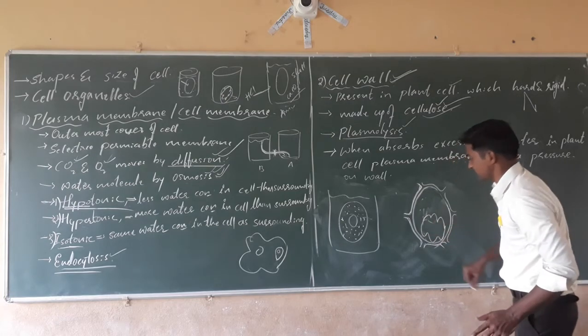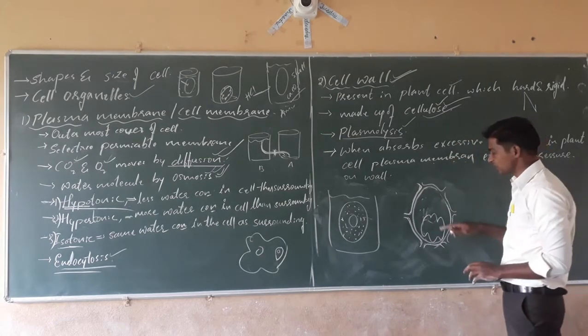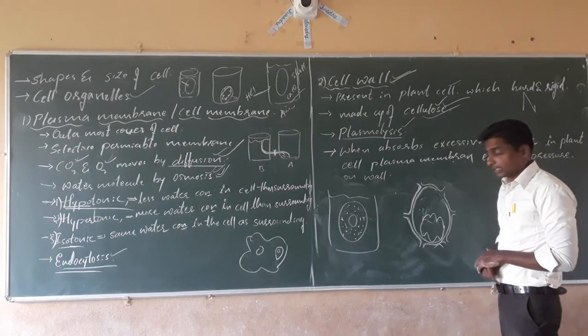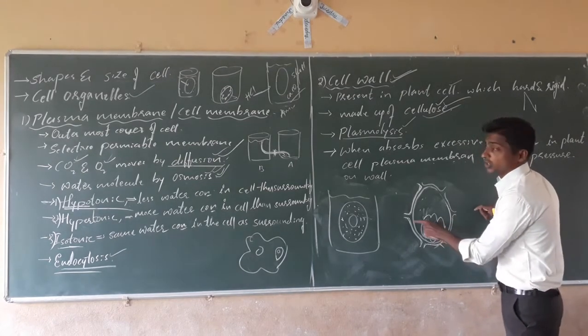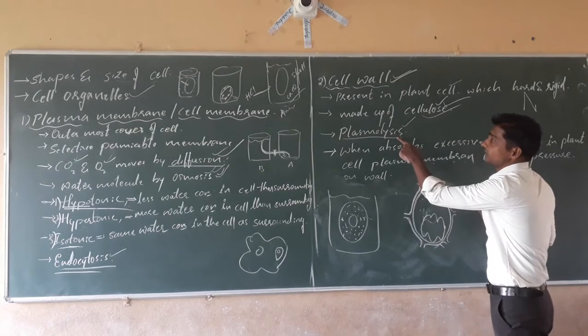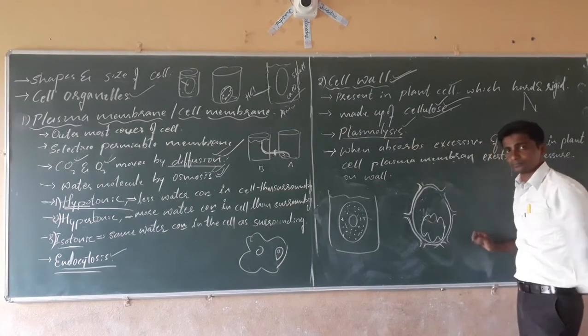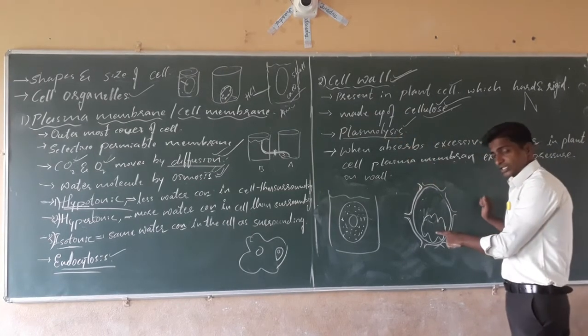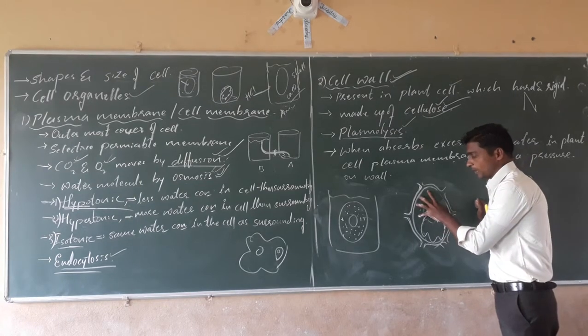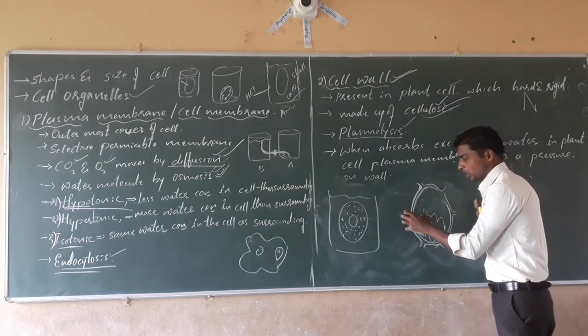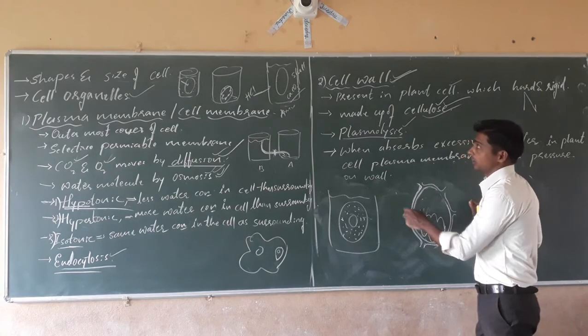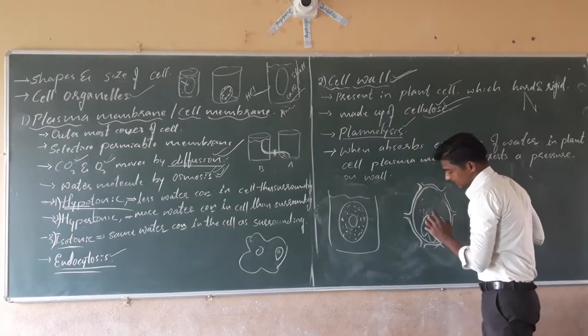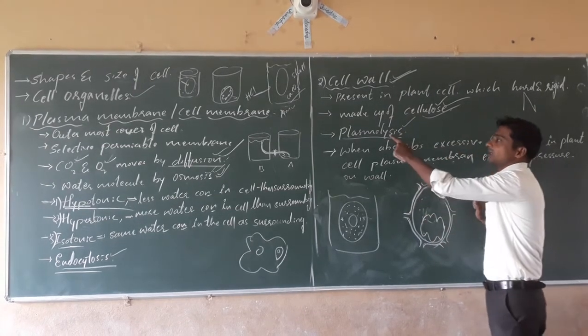That shrinkage of protoplasm due to the loss of water in a plant cell is called plasmolysis.